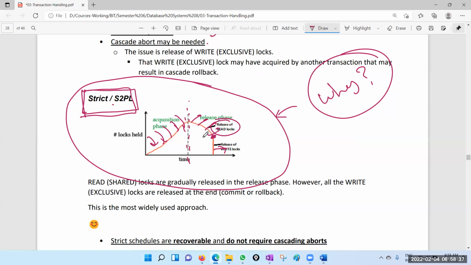It's a more risky lock to release. So therefore, you just keep it, but you release your read lock so that others can get the write lock. So that is the idea behind strict two-phase locking. We release the read lock, but you don't release the write lock until the end. So here you don't have that cascade rollback issue because you don't release the write locks, right?